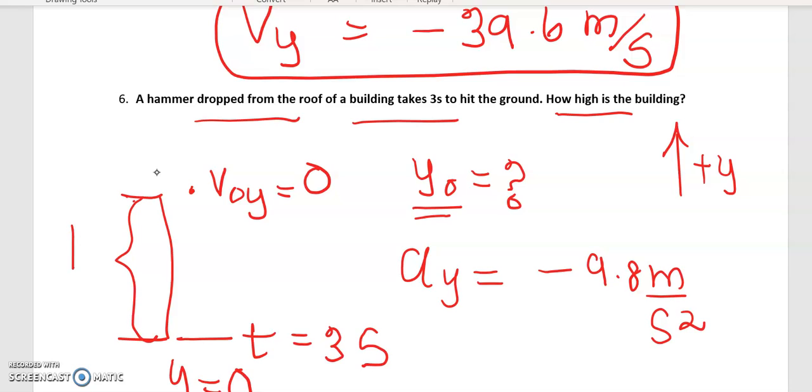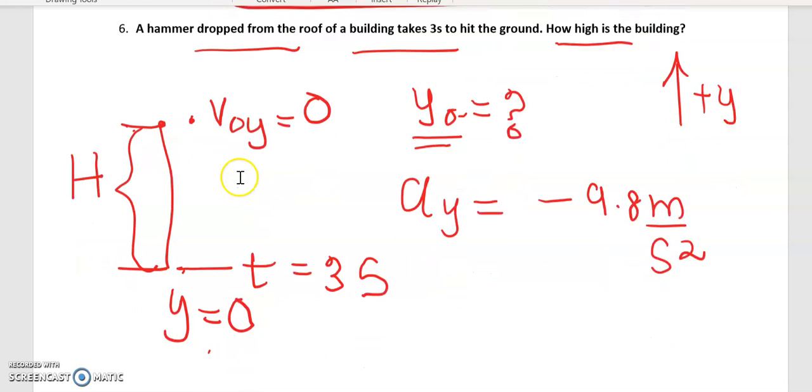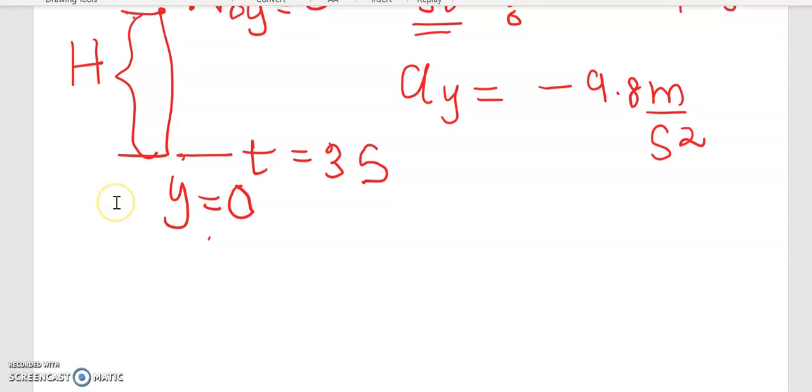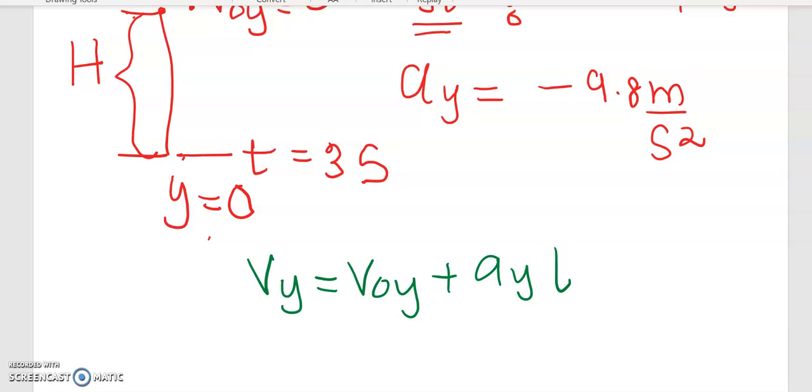That would be the height of the building, height h, because this is 0. If you know the initial y position, you automatically get the height of the building, right? So if you want to try the equations, you can start with the first equation, as I always do. Well, if you look at this one, we don't know the final y velocity.